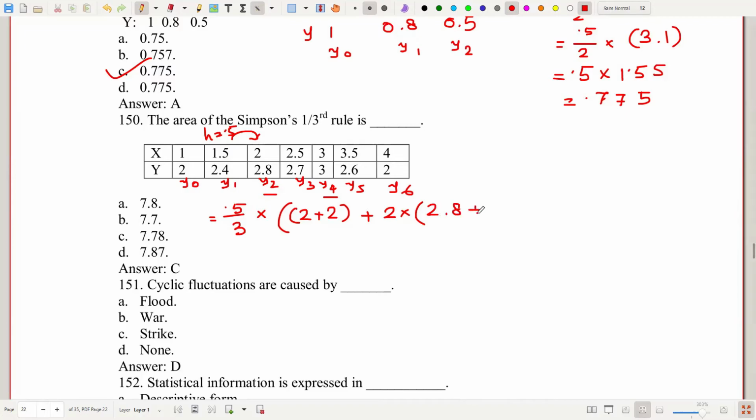So 2.8 plus 3 plus 4 into the odd, y1 plus y3 plus y5. So that means 2.4 plus 2.6 plus 2.7. Now after calculation, we can say the result is nearly equal to 7.73, but the answer is not given here. So we can say the answer is nearly equal to the B, that means 7.7 according to the round off.